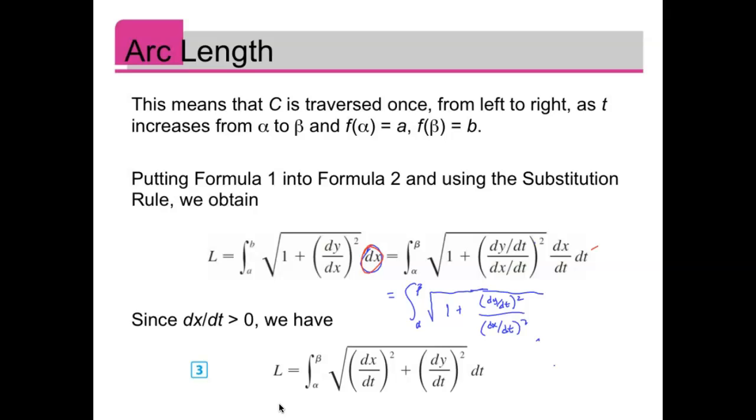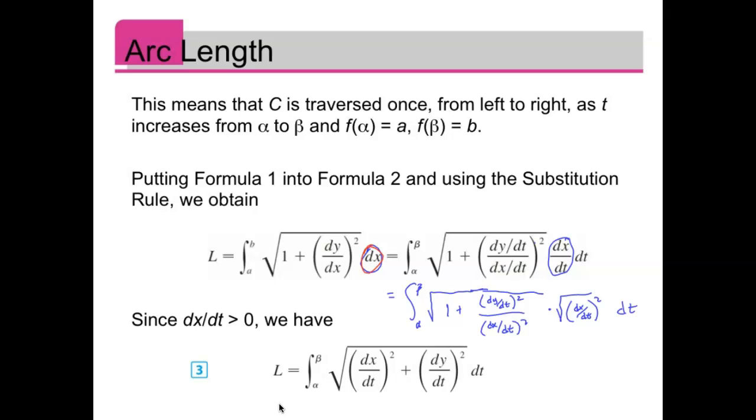And what I'm going to do with this dx/dt is use that trick where I square it and put it under a square root, so the square root of (dx/dt) squared, and that way I can slip it under the radical. And I just have this dt outside the radical.